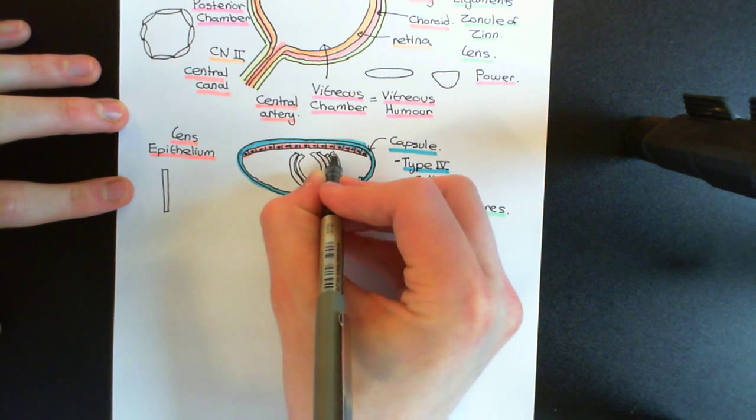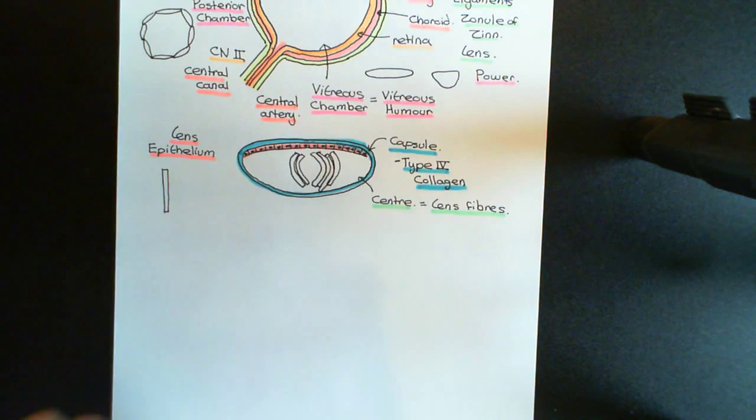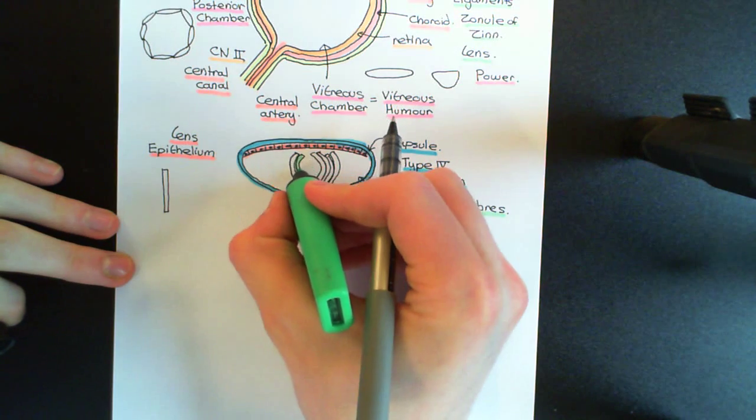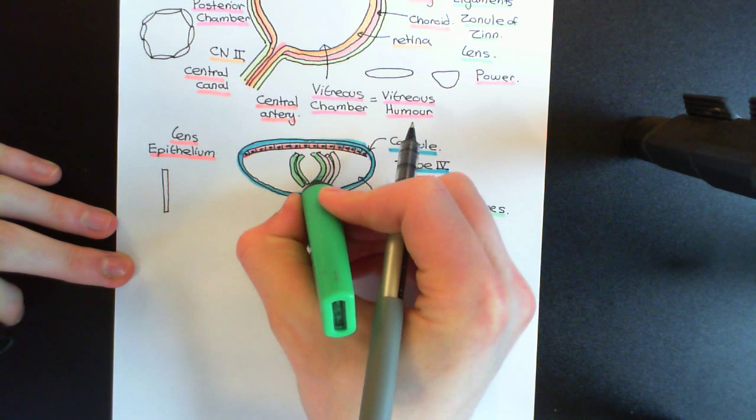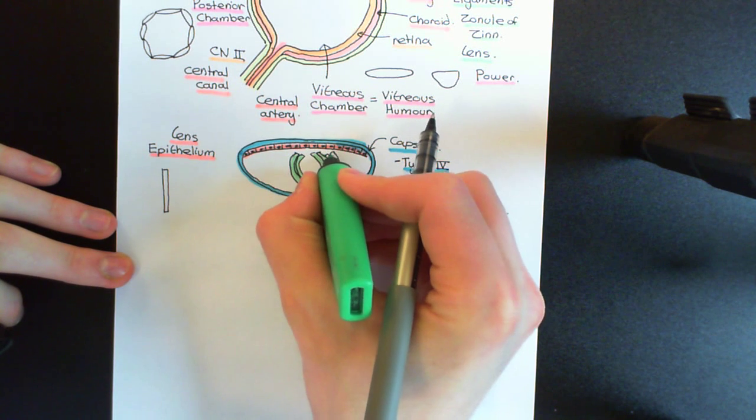I hope you get the picture of this. So these cells have no nuclei, which is why I haven't drawn nuclei on them, and I'll just colour them all in orange, green here, to show that they're lens fibers.